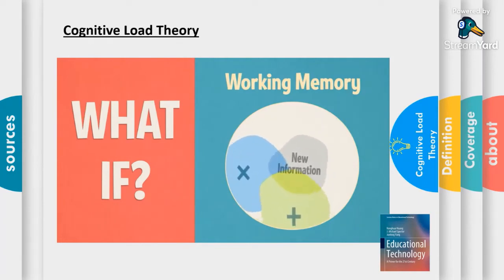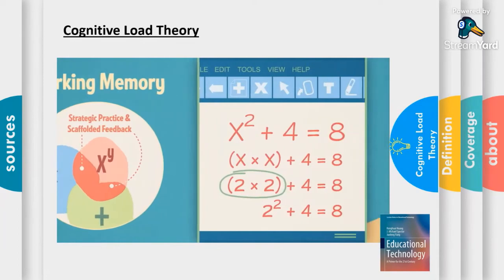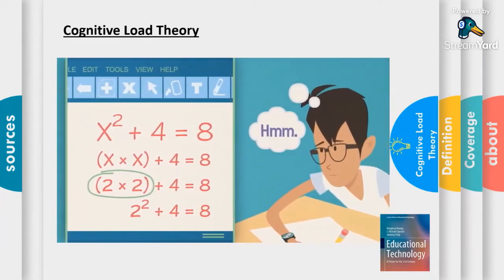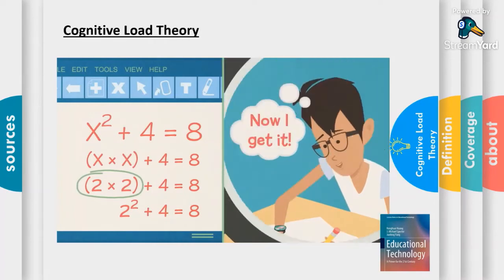We could then pair those connections with proven methodology, such as strategic practice and scaffolded feedback, to transform a challenging task from a potential source of frustration into a powerful aha moment that will be remembered.